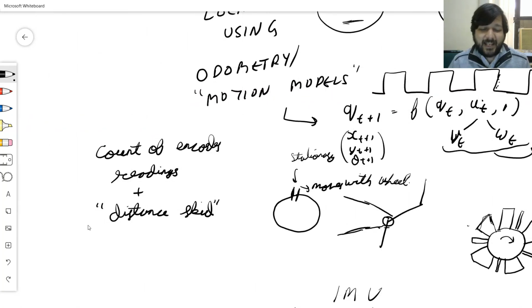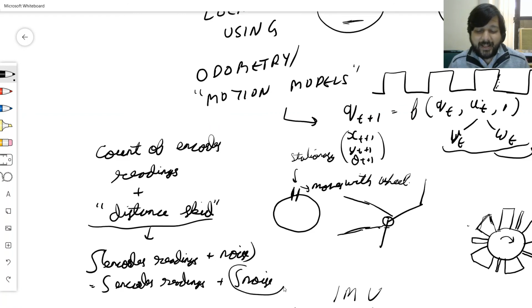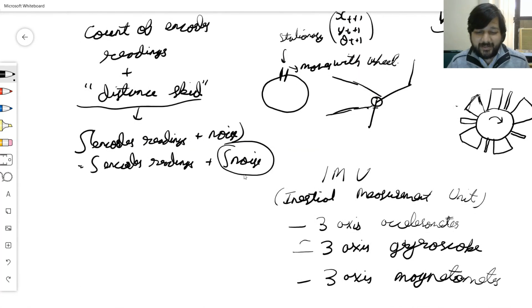So basically this can be summarized as the integral of encoder readings plus noise, which means it is the integral of encoder readings plus the integral of noise. And this quantity, depending upon the robot, the tire quality, the resolution of the encoders, can become a few meters in a few minutes.